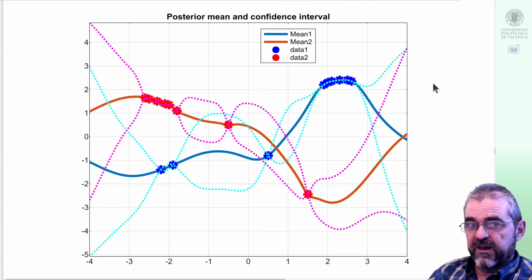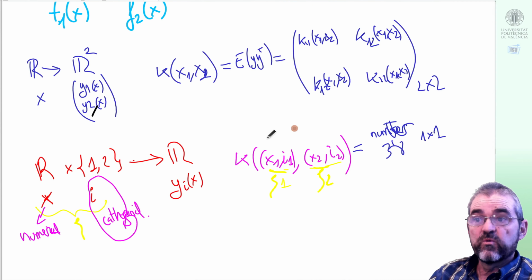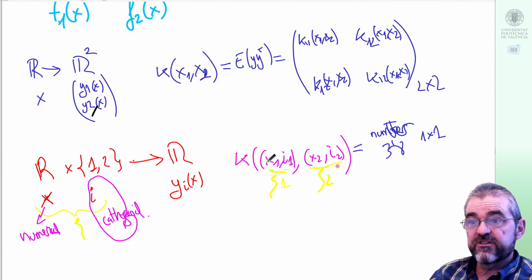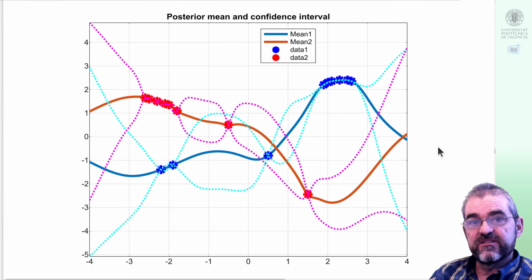But from an abstract point of view, we were doing standard Gaussian process regression in this augmented input representation. So nothing new from a mathematical point of view, but from an application, engineering, and nice plot point of view, then okay, this may be an interesting example.